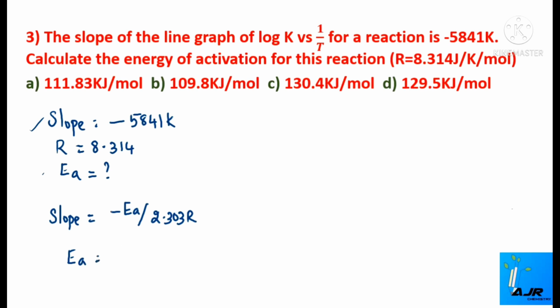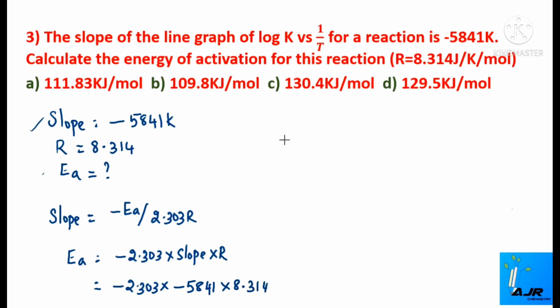So this equation becomes EA equals minus 2.303 into slope into R. Just to substitute all the values, students: minus 2.303 into, what is the slope value? Minus 5841 into 8.314.